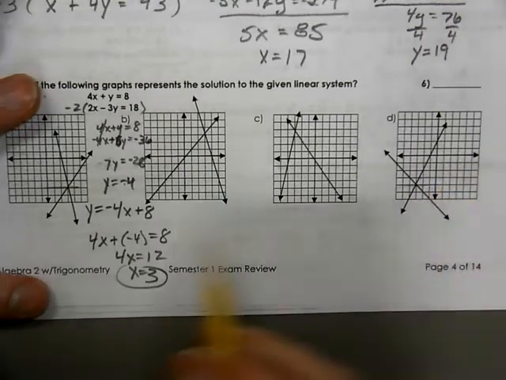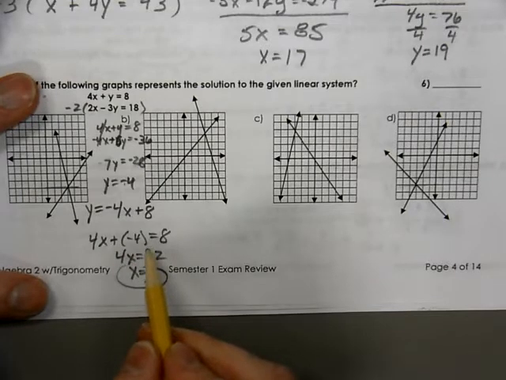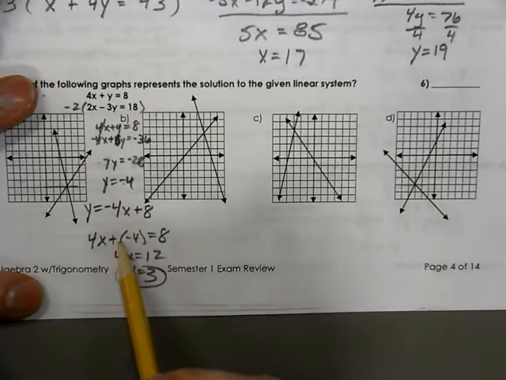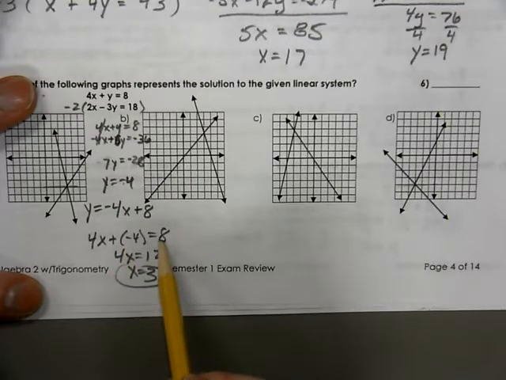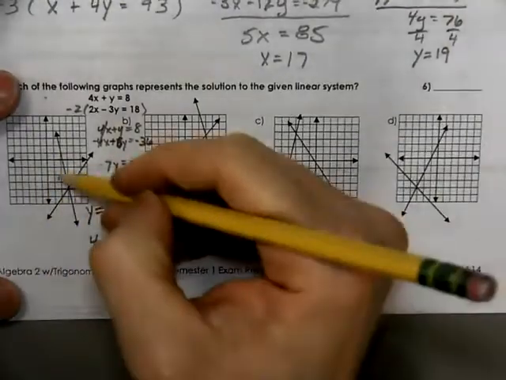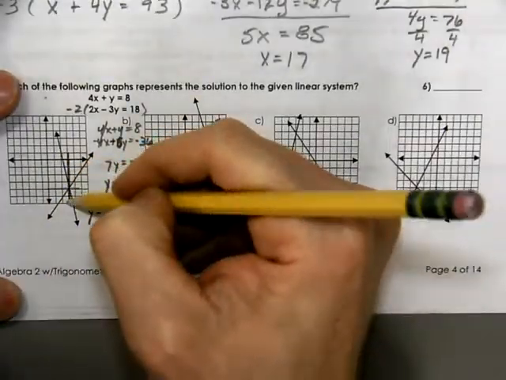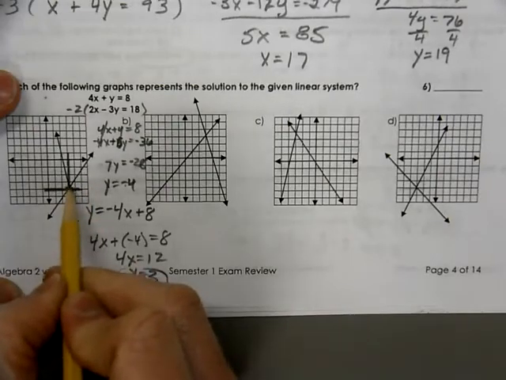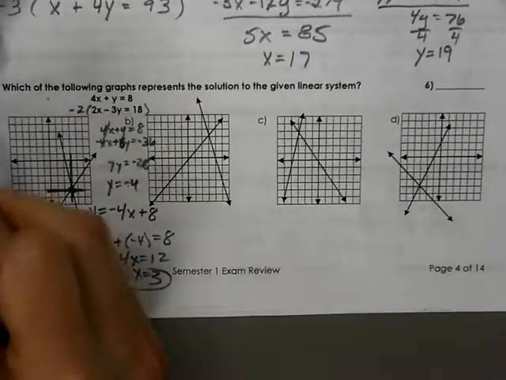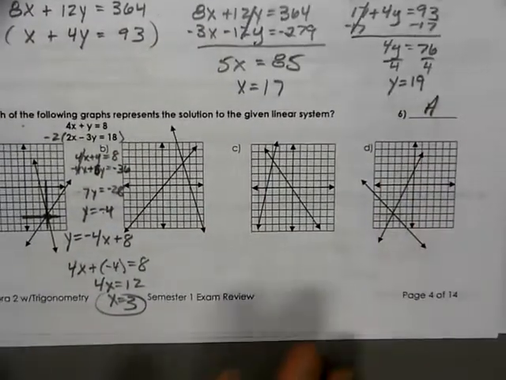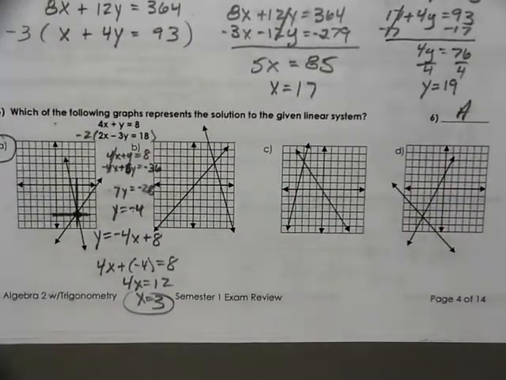So yeah, here x is positive 3 and y is negative 4. I did it. That was a problem that was way easier than I made it. Enjoy.